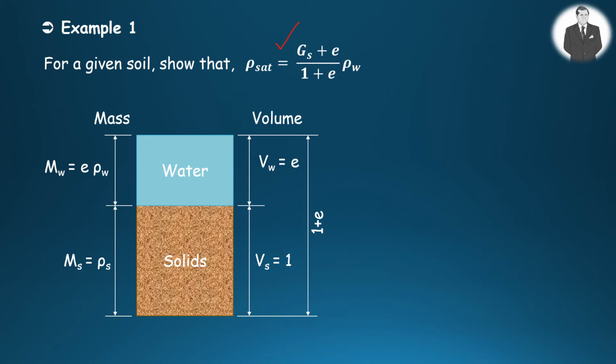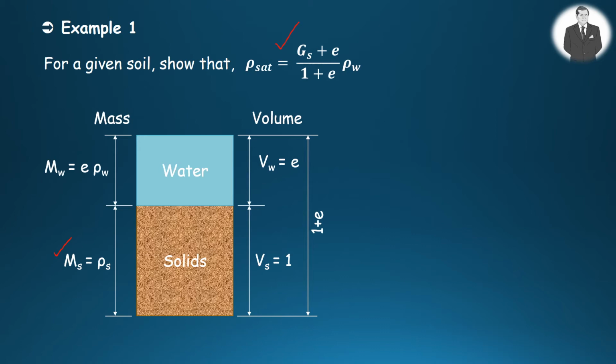Now, the soil physical model can be expressed in terms of masses as well. Since the volume of solids is equal to unity, the mass of solids is equal to the density of solids.